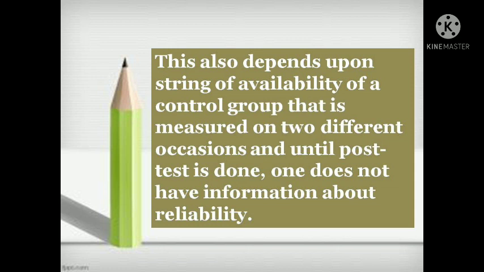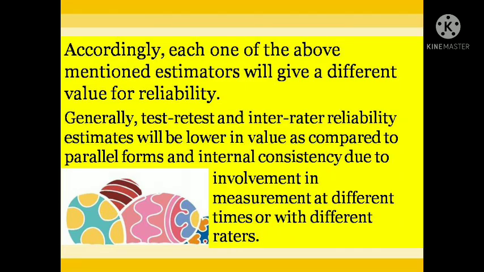Accordingly, each one of the above mentioned estimators will give a different value of reliability. Generally, test-retest and inter-rater reliability estimates will be lower in value as compared to parallel forms and internal consistency due to involvement in measurement at different times or with different raters.